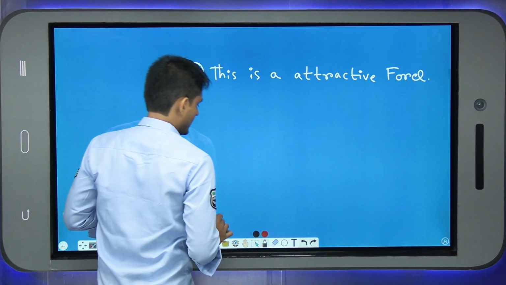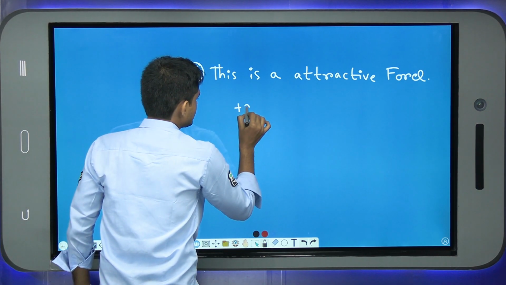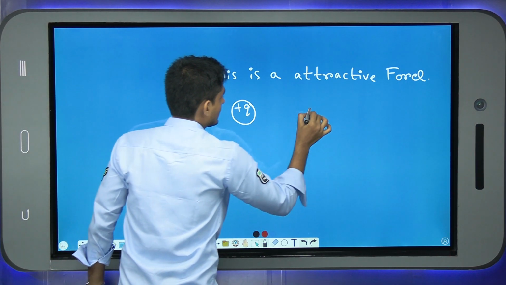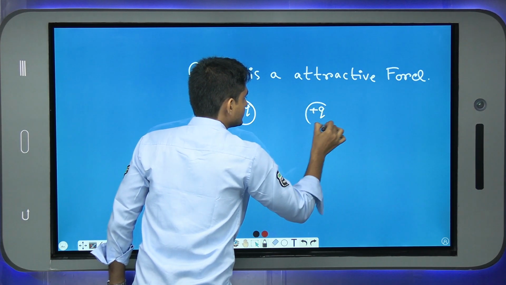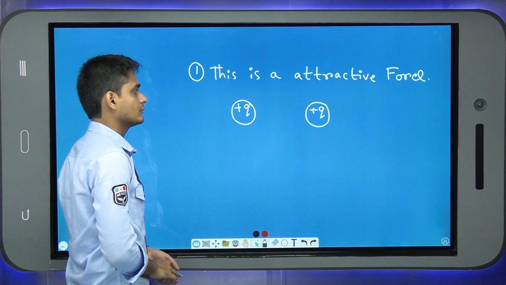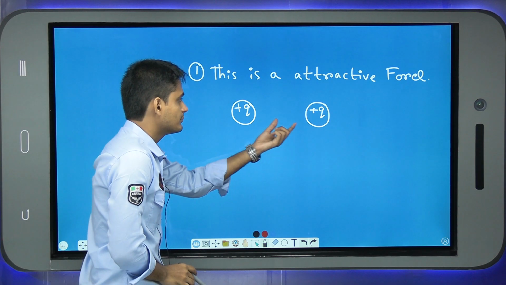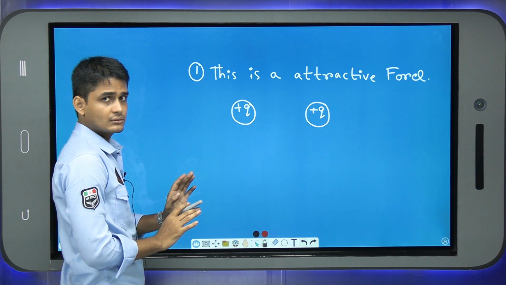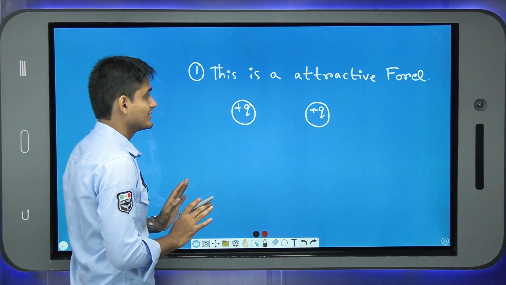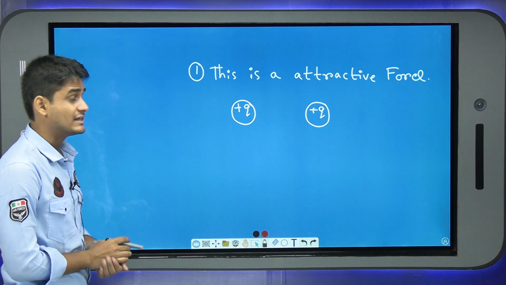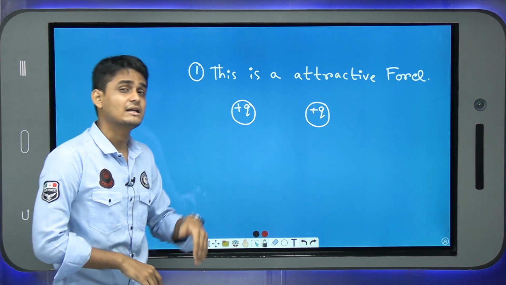As an example, if there are two charges plus q, the force between them is not defined by the gravitational force, it is defined by Coulomb's force in class 10.